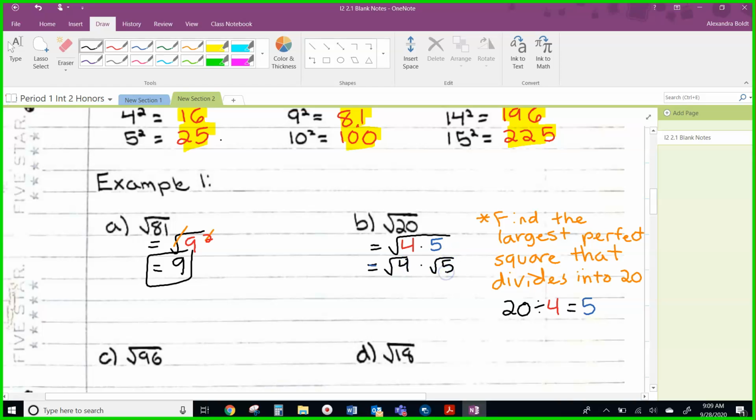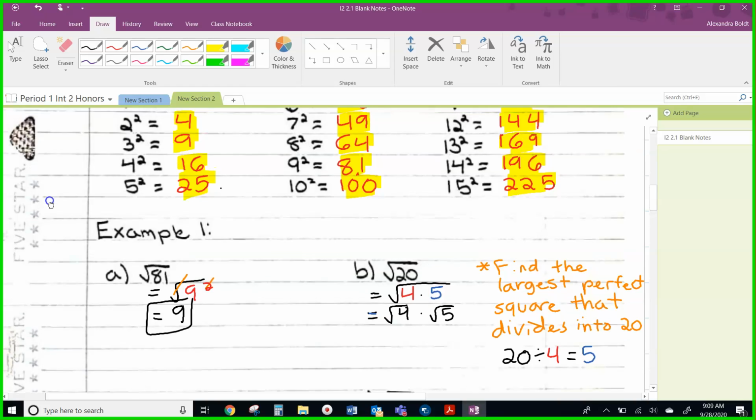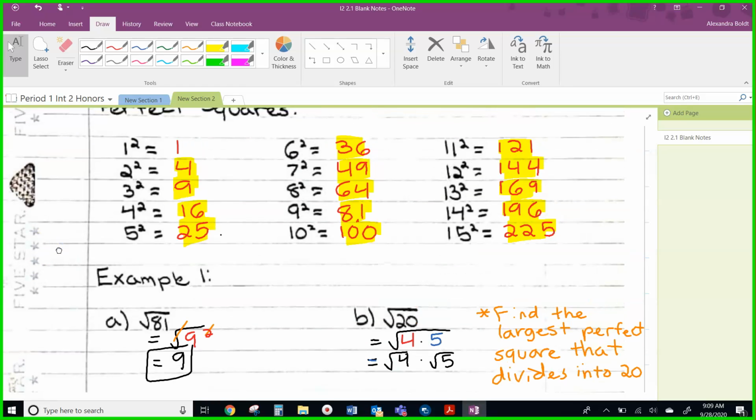Okay, so I can split my two radicals up. And then I chose 4 because it's a perfect square, and 4 is equal to 2 squared, right?